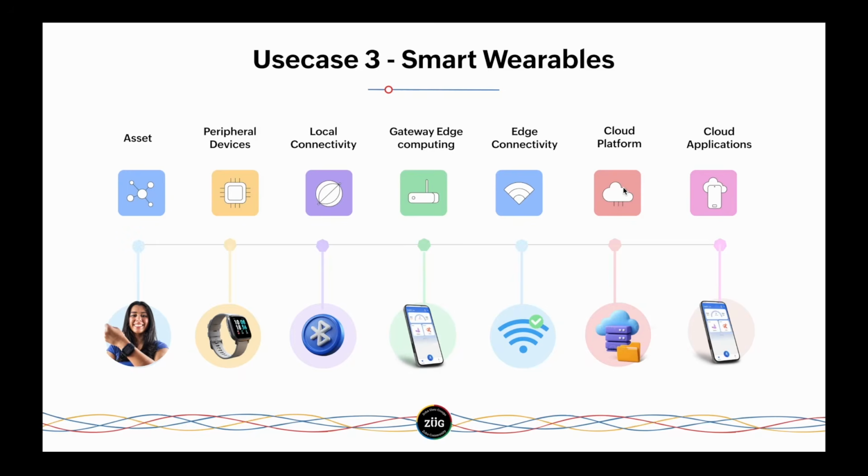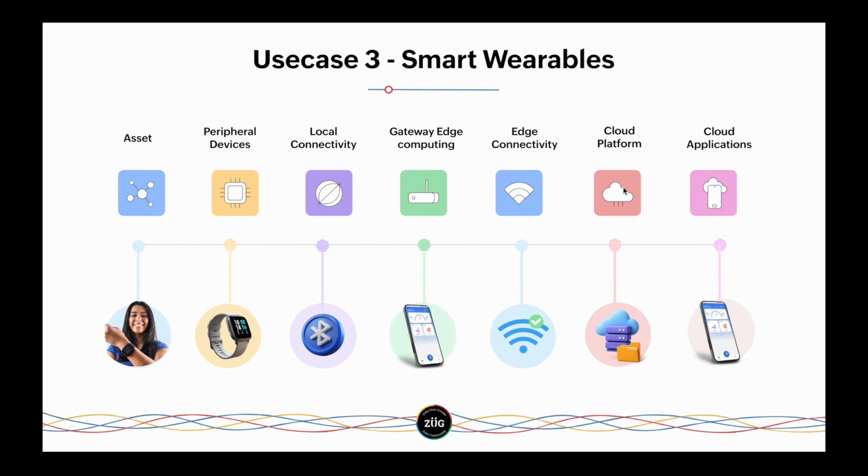The peripheral here is the wearable, which measures your heartbeat and steps and a lot of other parameters. These wearables will not have direct connectivity to the cloud, so they have a local Bluetooth connectivity with your smartphones. The phone holds the software or app inside it that is actually equivalent to an edge software, which is capable of receiving those data and pushing it.